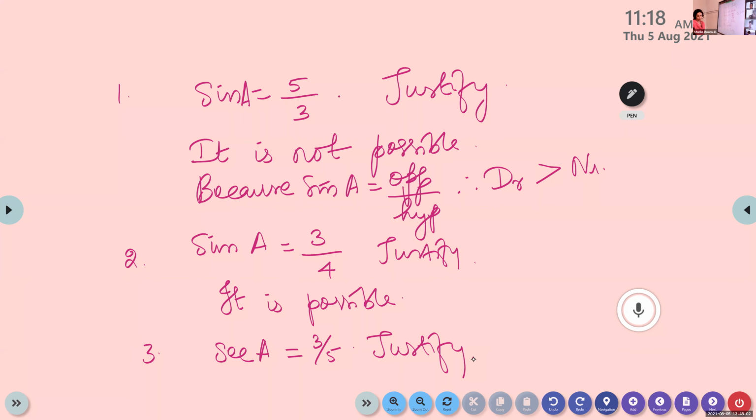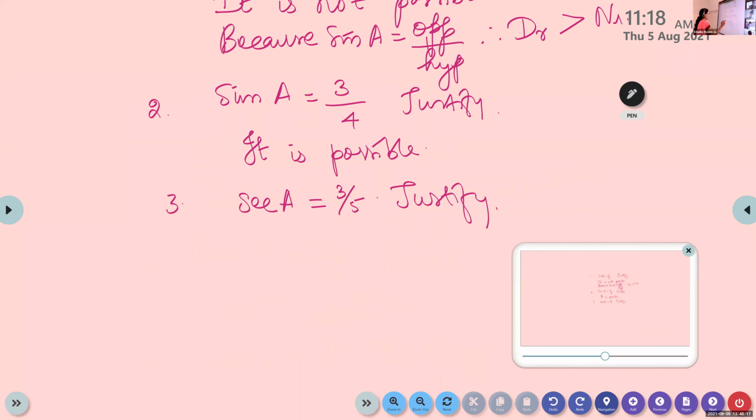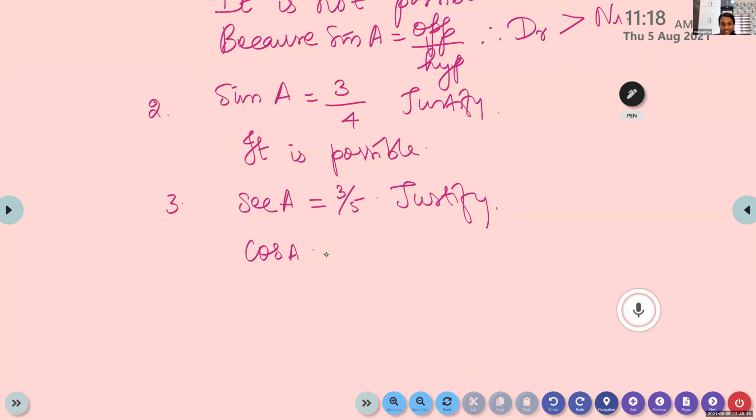Cosec A is 3/5. Justify. It is not possible. It is impossible. Why? Answer is correct. Cosec A is the reciprocal of sin A, so hypotenuse should be larger. 3 is not. Yes, correct. Cosec A is 3/5 means sin A is 5/3.